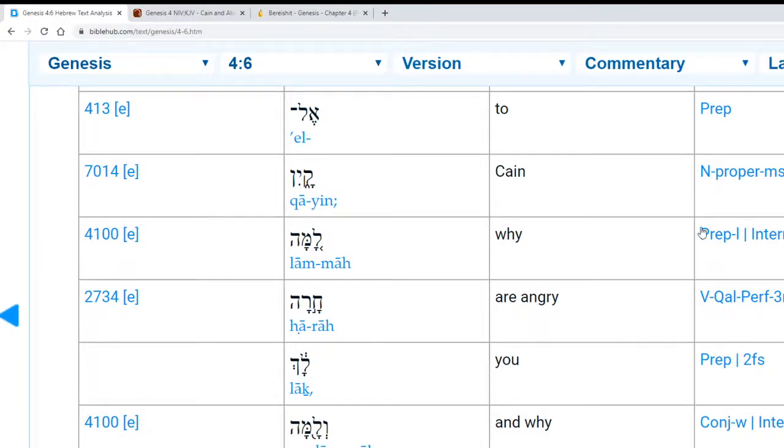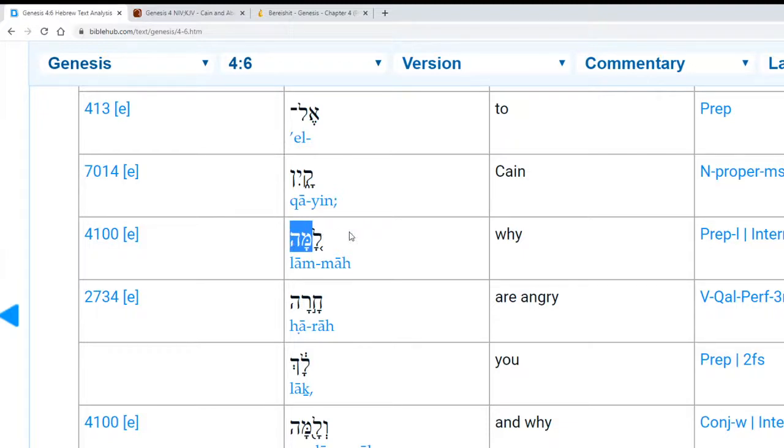Lama, so this is an interrogatory word. Some people will treat this as if it is one word, and some people say that the lamed is the prepositional lamed, and the interrogatory word is ma, meaning what.